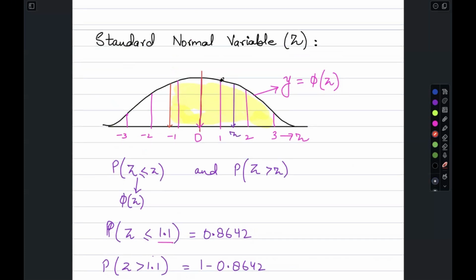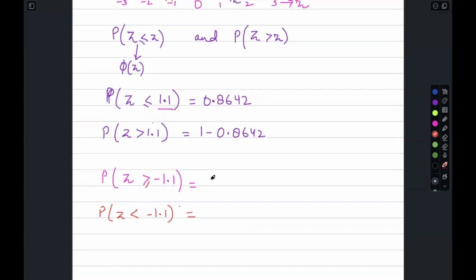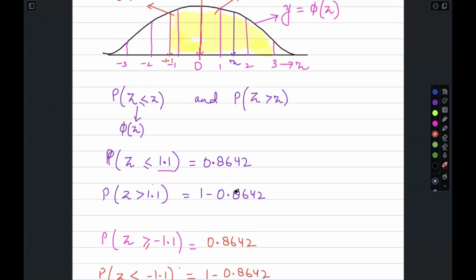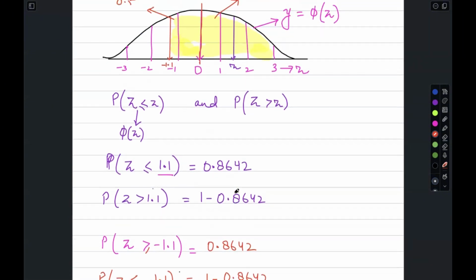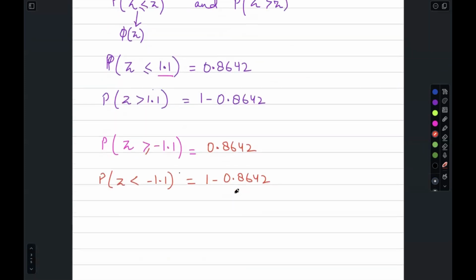So the right hand side is 0.5, and the left hand side will also be 0.5 of the total probability or area. So if this is minus 1.1, this yellow shaded area will have a probability greater than 0.5. So in this case, we can just write it as 0.8643. And for less than minus 1.1, this will become 1 minus 0.8643. So we can have any value of Z, and we can find the probability from the table.